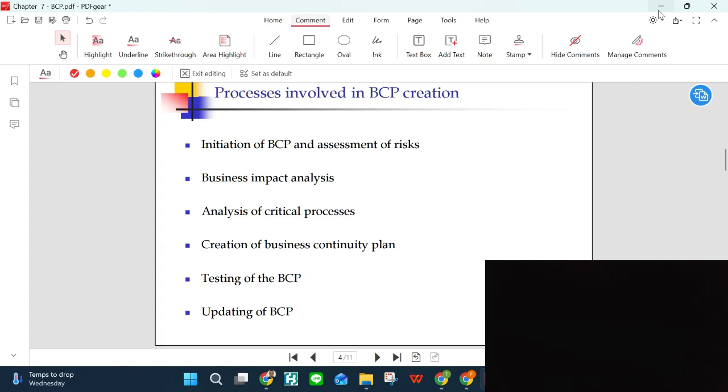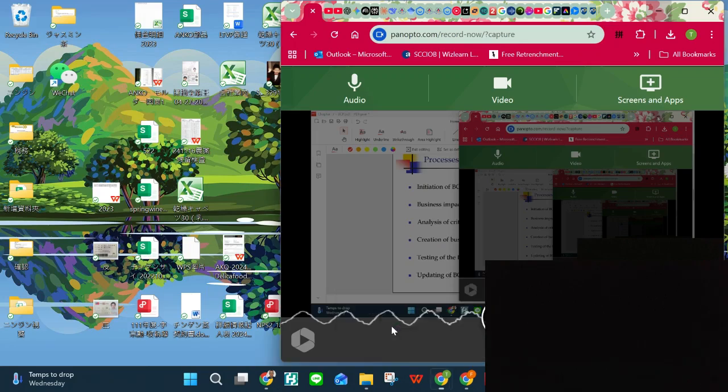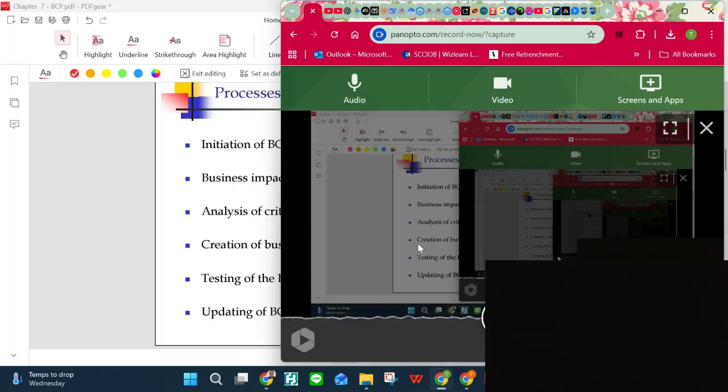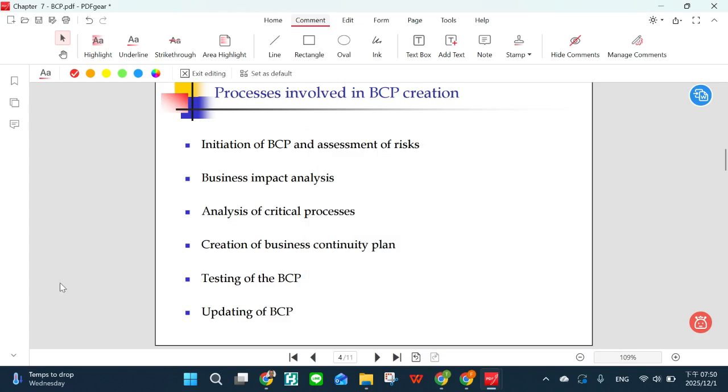So it will not be like that. Just understand what BCP planning is and what the process involved in creating a BCP is. Then later I will go through the MCQ and the structure questions.